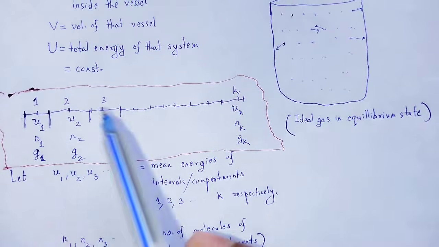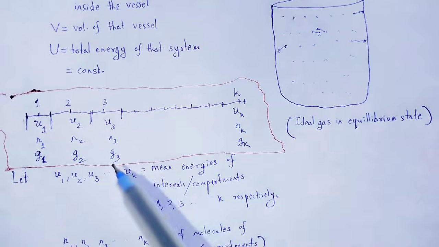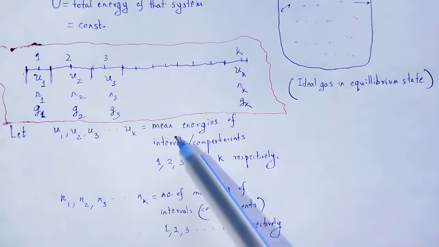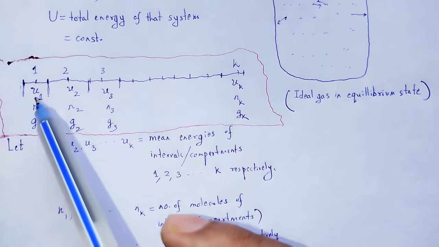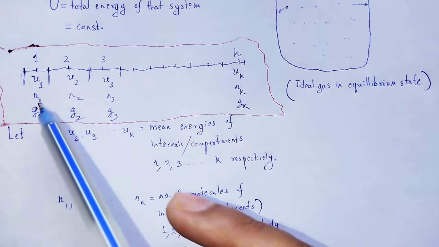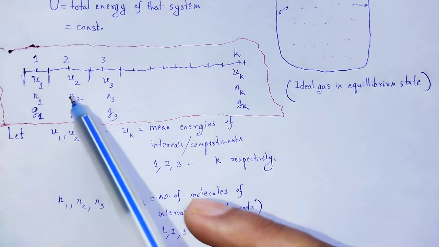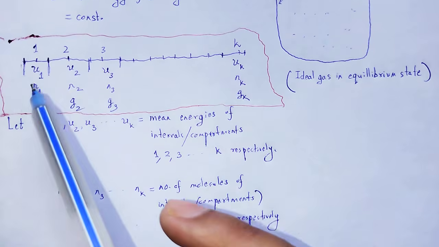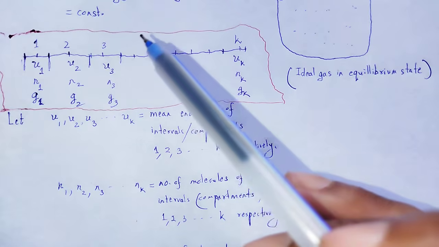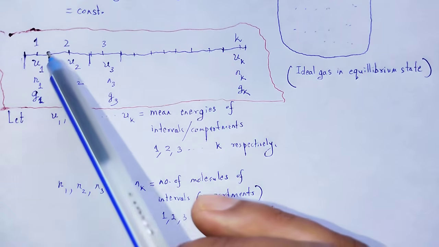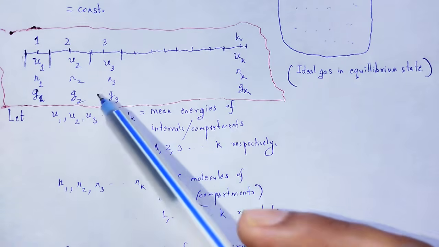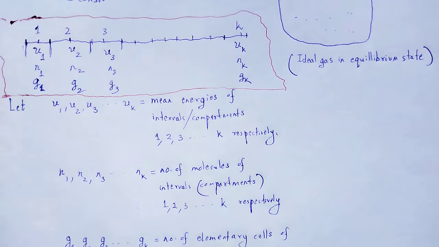Here we have taken k number of compartments, and each compartment has mean energy u1, u2, u3 up to uk. Each compartment has a number of particles n1, n2, n3 up to nk, and each compartment is divided into a number of elementary cells: G1 for compartment 1, G2 for compartment 2, up to Gk.